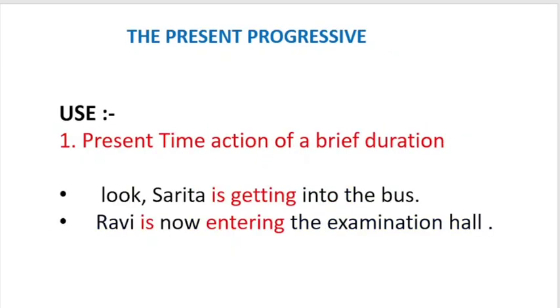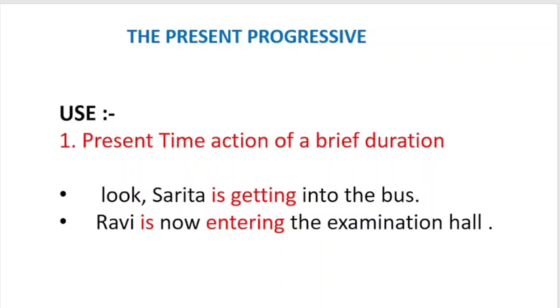Now we will know the uses of the present progressive form one by one. Number one, present time action of a brief duration. Look, Sarita is getting into the bus. Ravi is now entering the examination hall. Getting into the bus will not take a longer time.